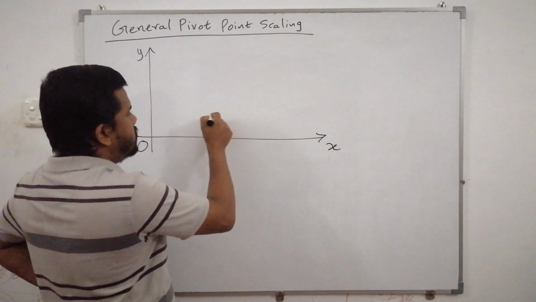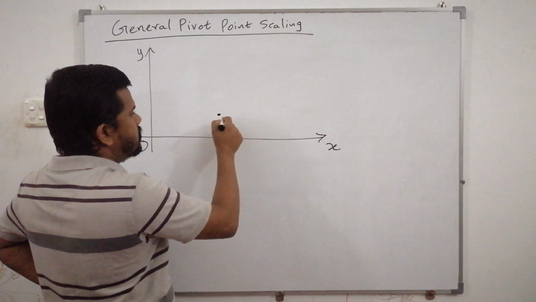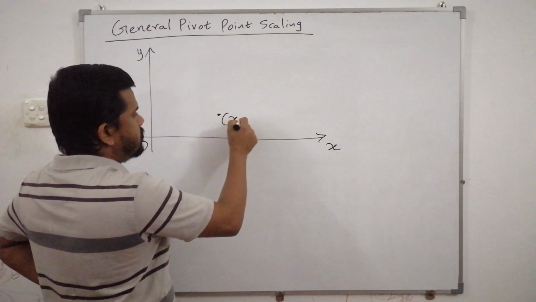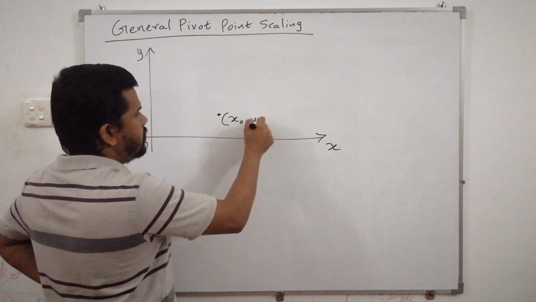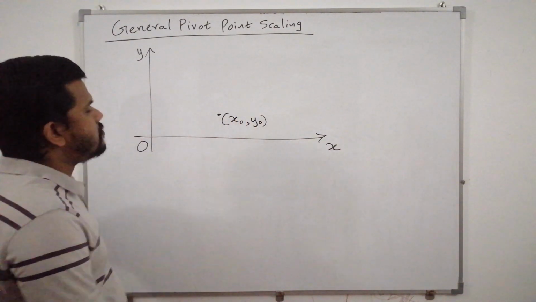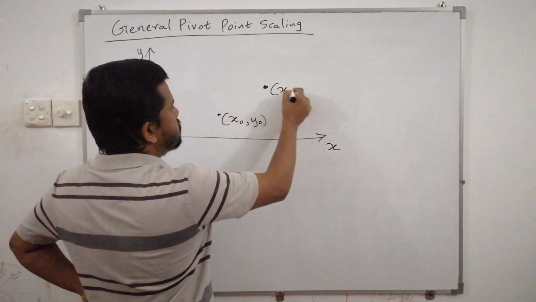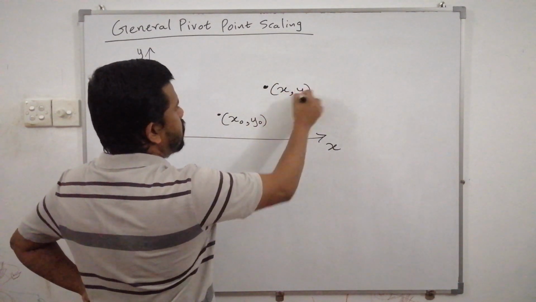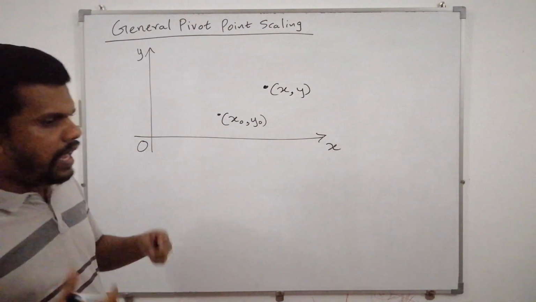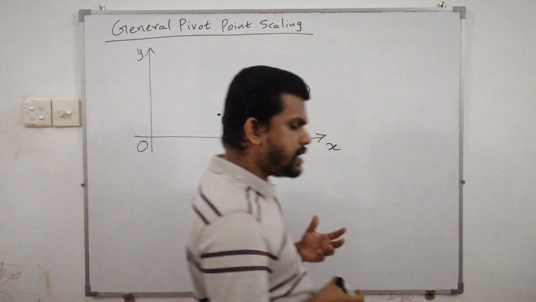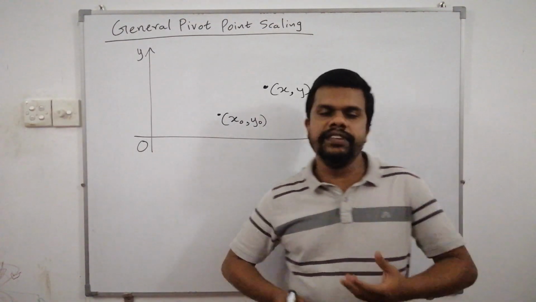Now we have a point x naught, y naught, and another point x, y. We have already discussed the scaling matrix.